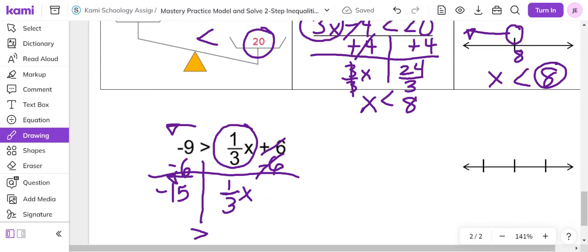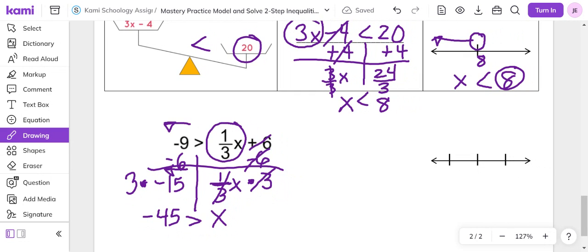And this is dividing by 3. So the opposite of dividing is multiplying by 3. So we're going to do that to both sides. So we have 3 times -15, which is going to give us -45. Dividing by 3 and times 3 will cancel.